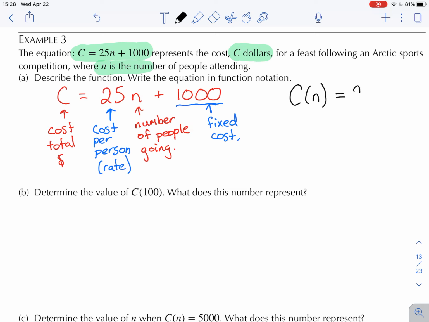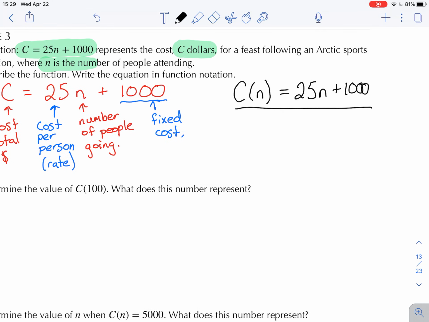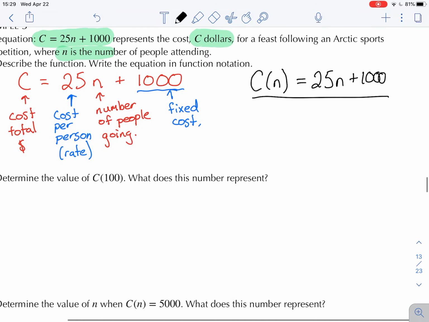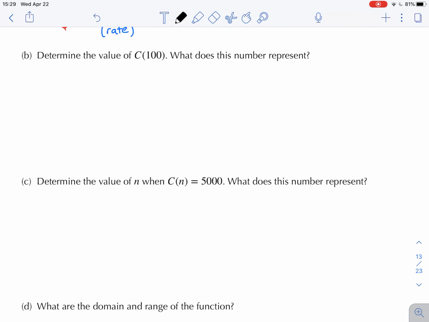So the cost of our banquet, given how many people show up, is equal to 25 times the number of people plus $1,000 for the fixed cost. This is now in function notation. You should be able to take a 2-variable equation and turn it into function notation.